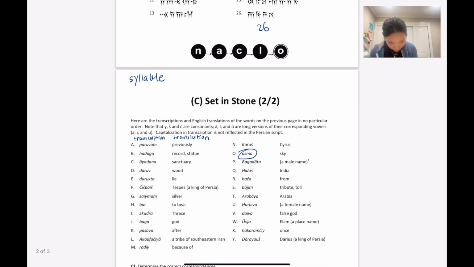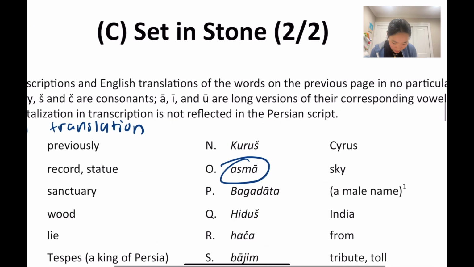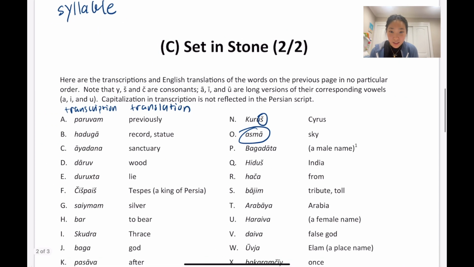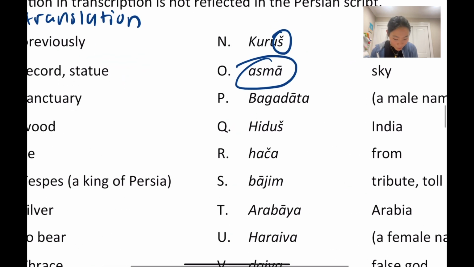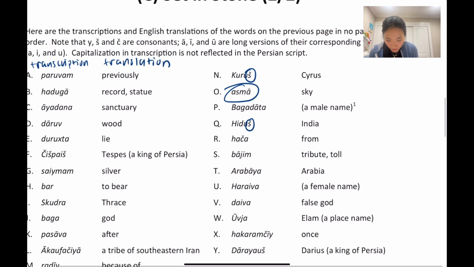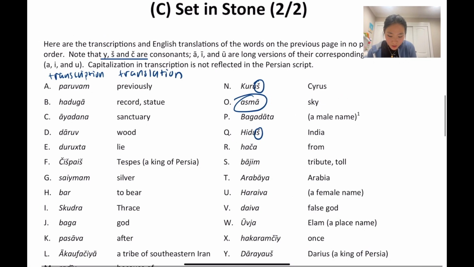Some other important things I see: when I mention consonants and vowels for syllables, notice there are some letters that don't really make too much sense in English, right? Like we don't have a little S with a little triangular upside down caret, but we're given that these are consonants. So even though they look similar, don't get tricked by your English mind.